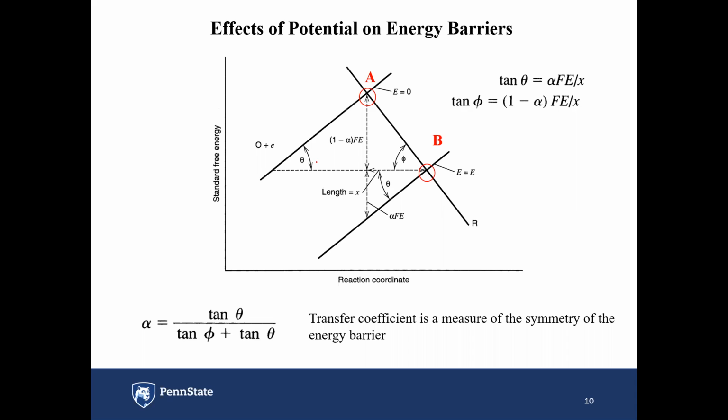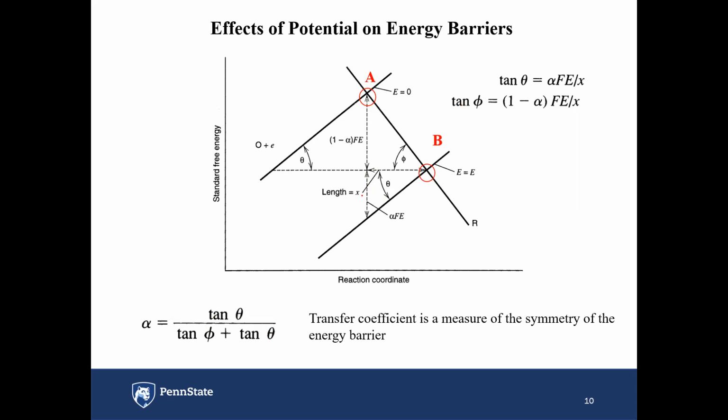And we may notice that we define alpha as equal to tangent theta divided by tangent phi plus tangent theta, right? So what is tangent theta? Tangent theta is equal to this side divided by this side, right? And tangent phi is equal to this side divided by this side.